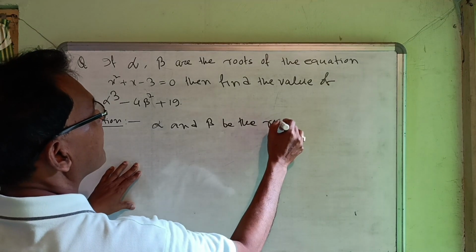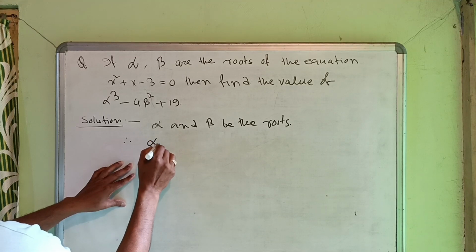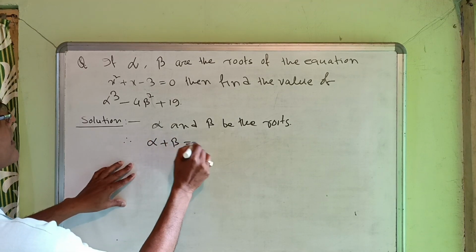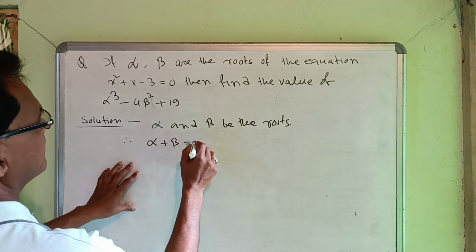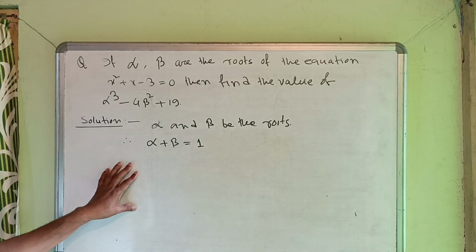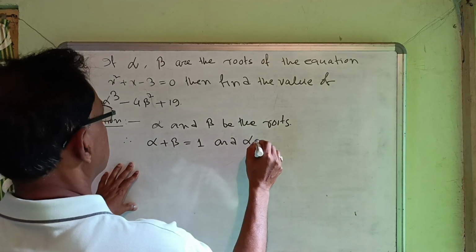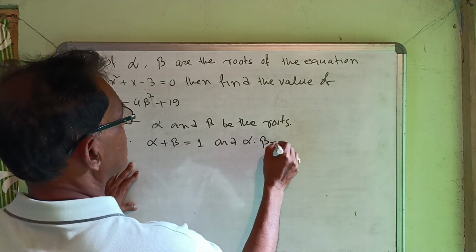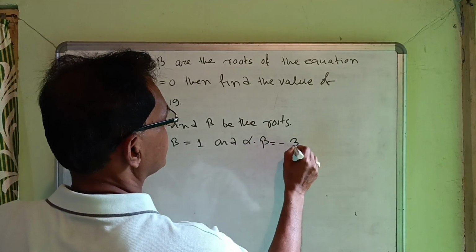Therefore, first we get alpha plus beta is equal to minus b by a, that means 1, and alpha into beta is c by a, that is minus 3.